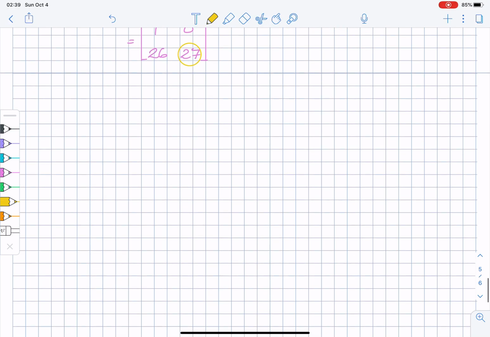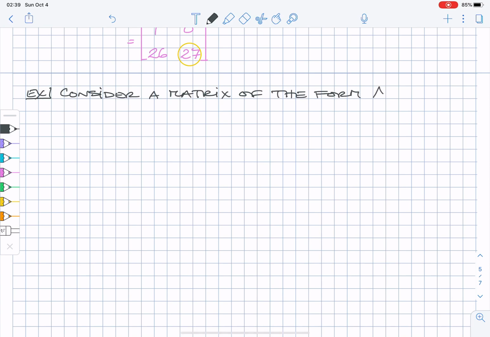Okay, let's do another fun one. So, for example, consider a matrix of the form A equal to [A, 0; 0, B].